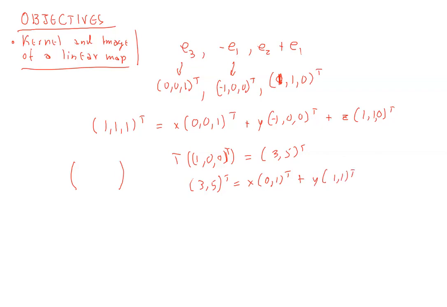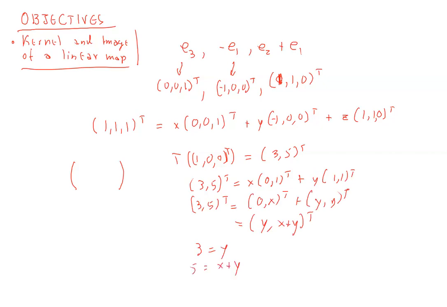So this would have led you to 3, 5 is equal to y comma x plus y. And this would have meant that 3 has to be equal to y, and 5 has to be equal to x plus y.